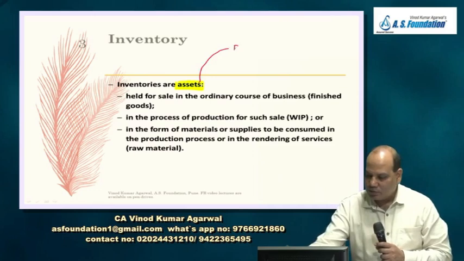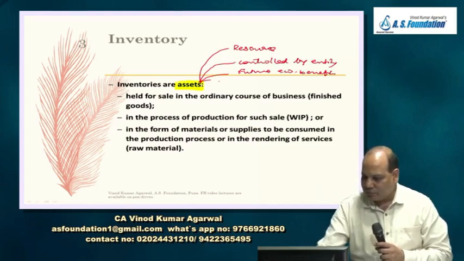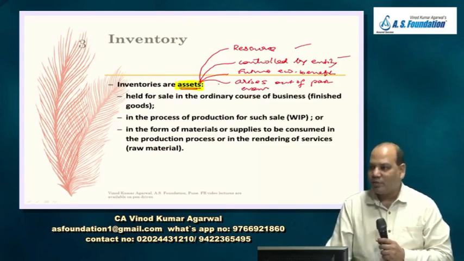Assets are resources controlled by the entity, from which future economic benefit is generated, and which arise out of a past event. The first three are important. These are assets because they will generate future economic benefit to the enterprise.